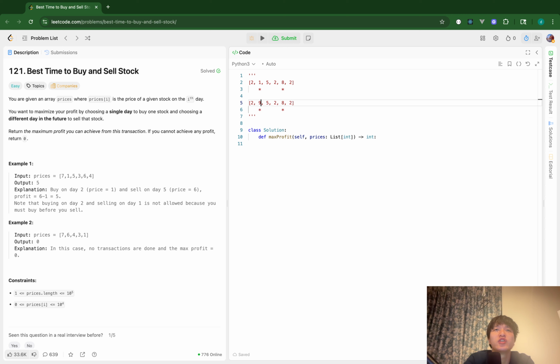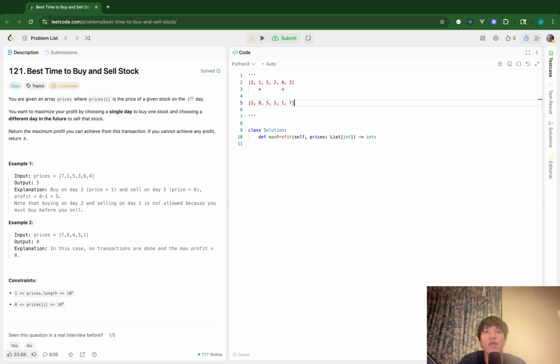So let me change it a little bit like this. Okay, so in this case, let me change it like this. I will think which date I should choose to buy and which date I should sell.